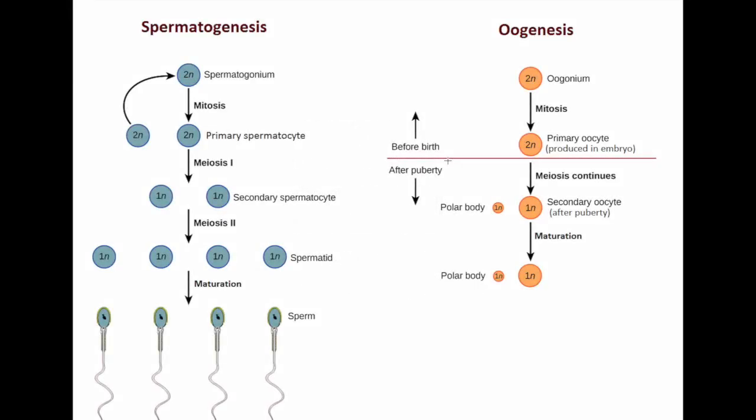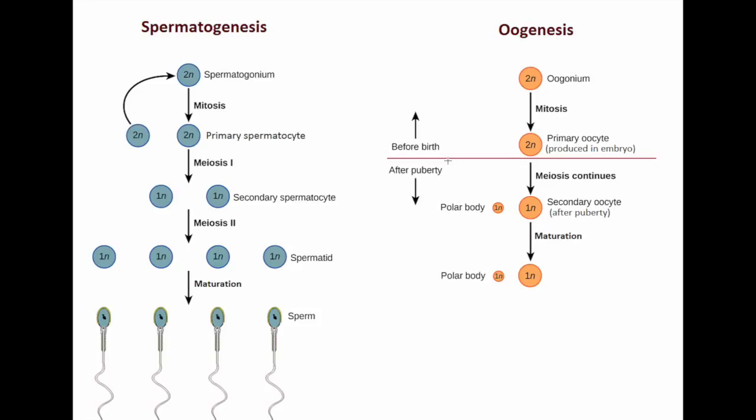Today we are going to talk about gametogenesis, which is a process through which we get sperms or gametes. To be specific, gametogenesis is divided into two types, because we want to get the male sperm and the female egg.